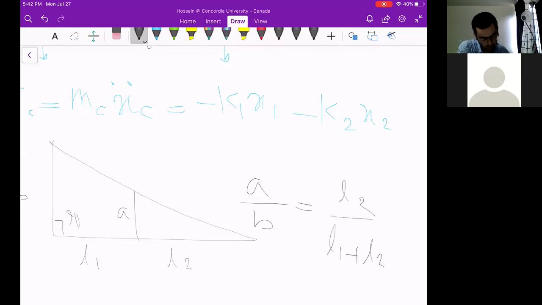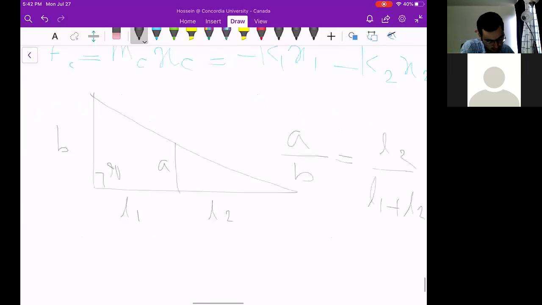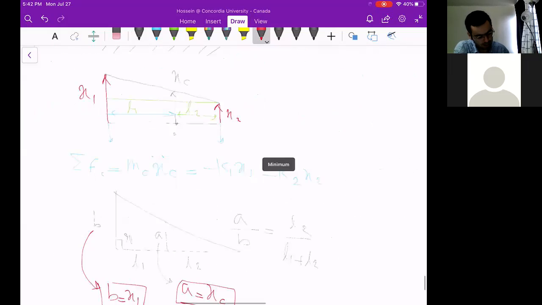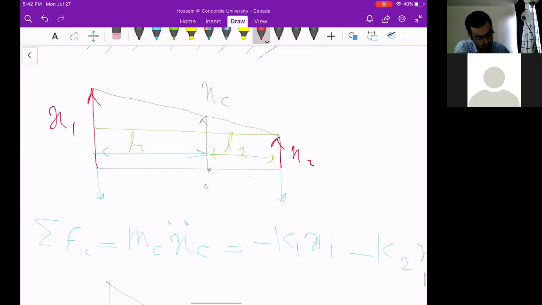Therefore, in our question, A is XC and B is X1. So take a look at here, you will see that if you take a look at this triangle, this length is B and this small length is A, right?